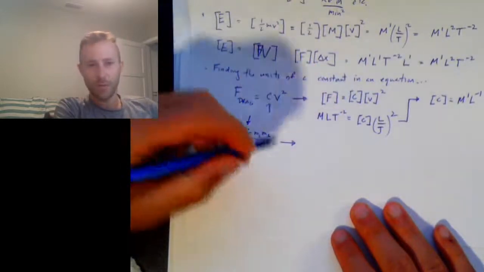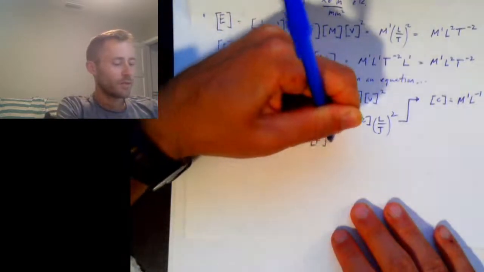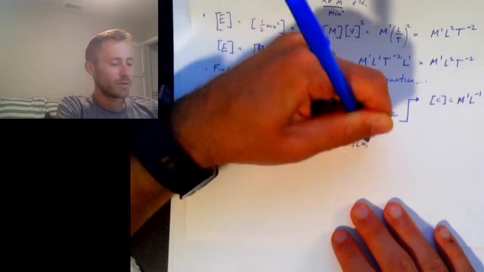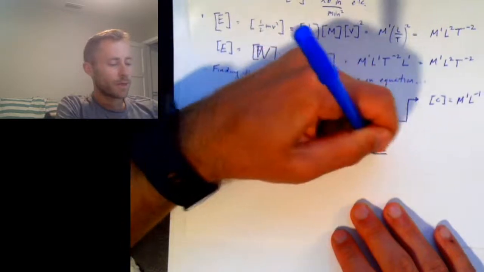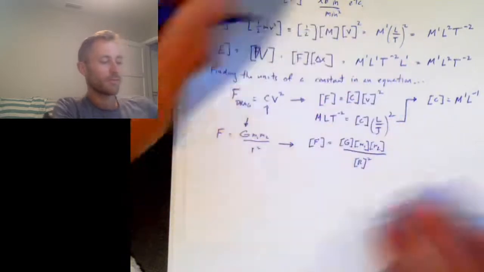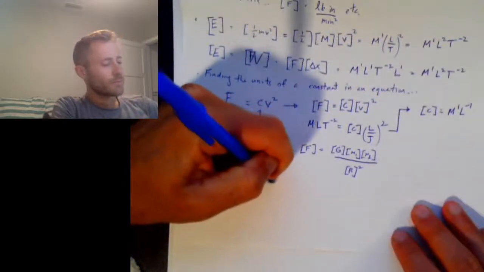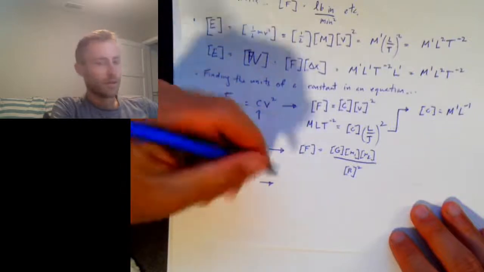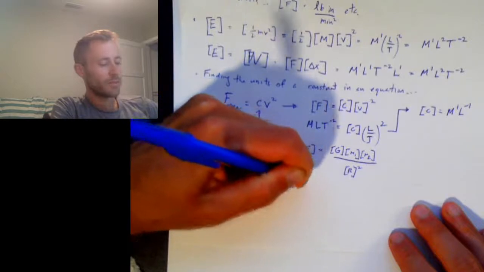replace every variable with its units. So I have units of F equals units of G times units of m1 times units of m2 divided by units of r squared. Okay? On the left-hand side, we have again a force, so that's going to be MLT to the minus 2.